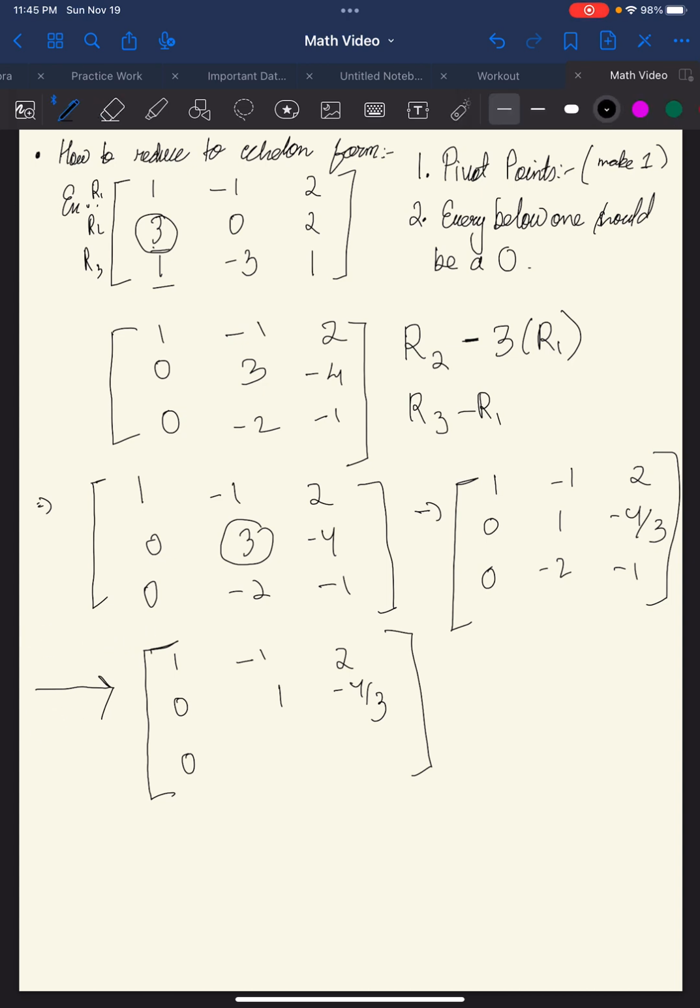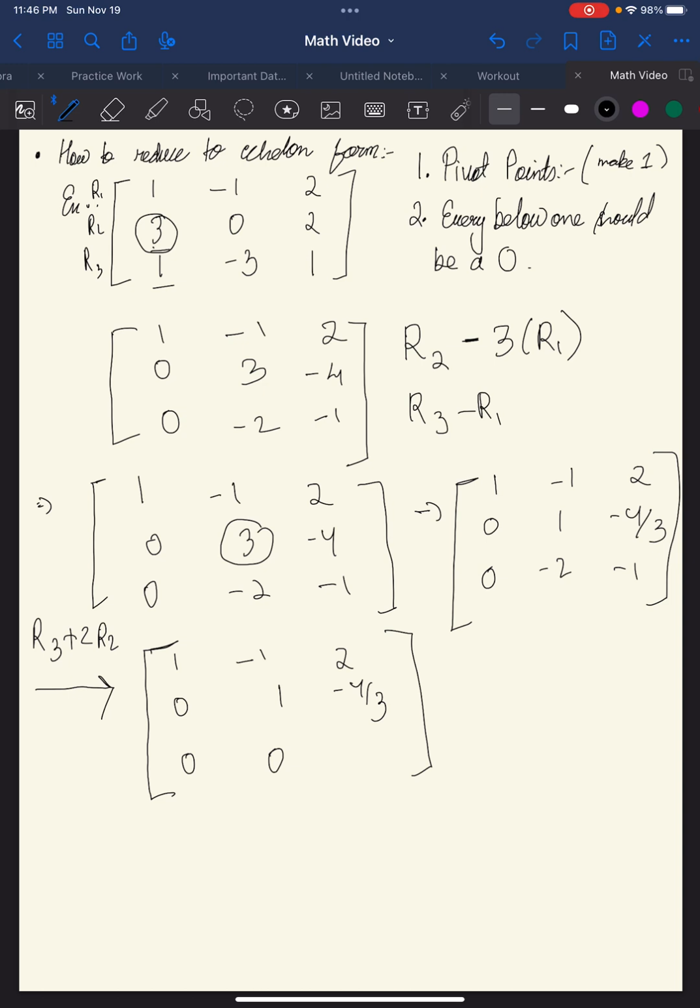Row 3 plus 2 times R2. My bad. So we have negative 2 plus 2, which will give us 0.